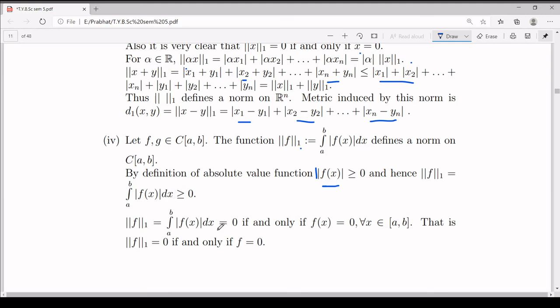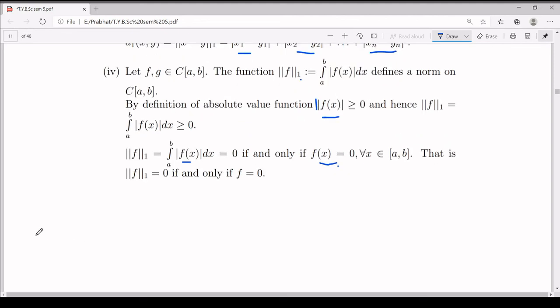You remember that mod of f of x is greater equal 0. f is a continuous function, therefore mod of f is a continuous function. So continuous non-negative function and its integration is 0, that means your function has to be 0. This lemma we have proved in video 2, if you want you can refer there. So norm of f is 0 if and only if your f itself is 0.